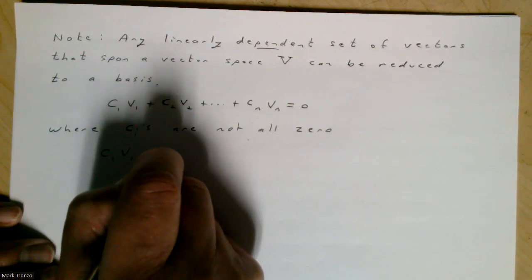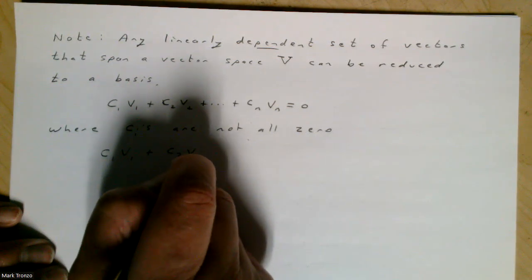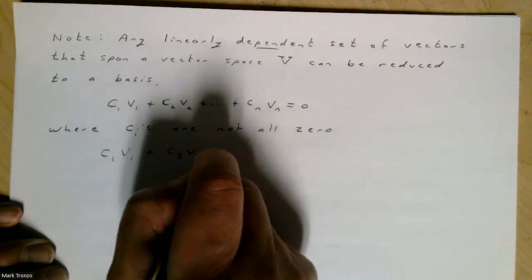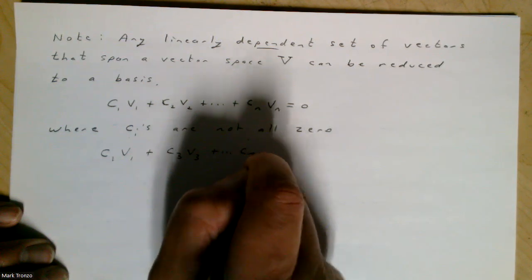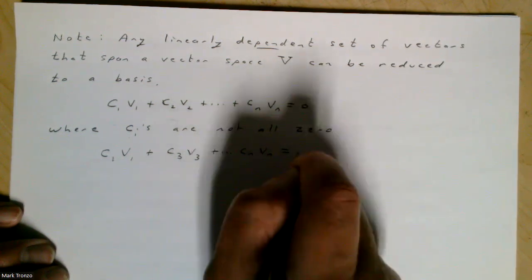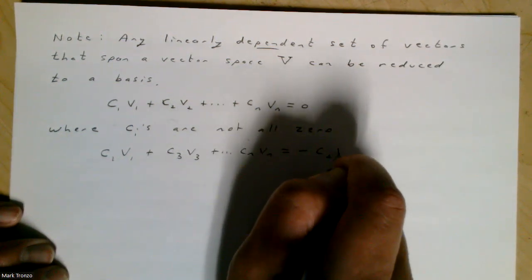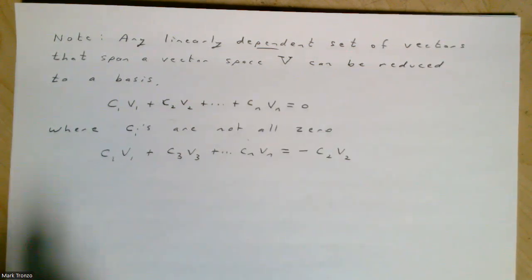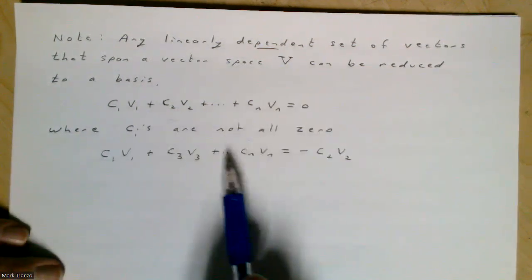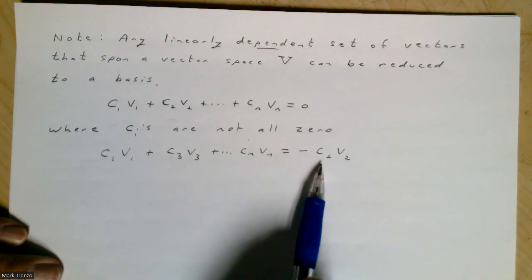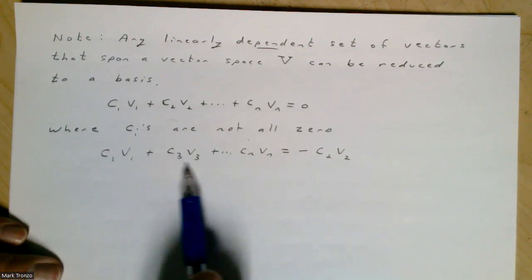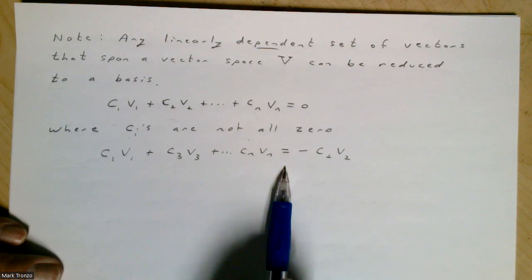You could rearrange this. And again, let me take out C2 and put in C3 V3 plus up to CN VN is minus C2 V2. So let's say I bring it on the right-hand side. Then notice, like I said, this V2 is going to be a linear combination of these.